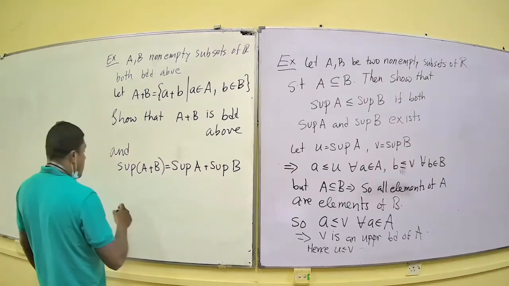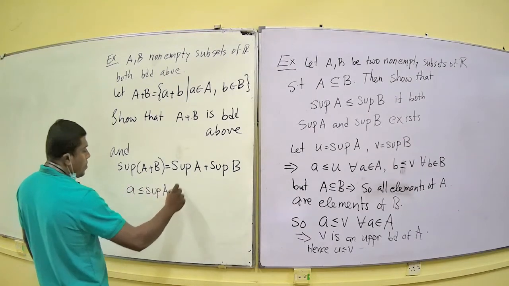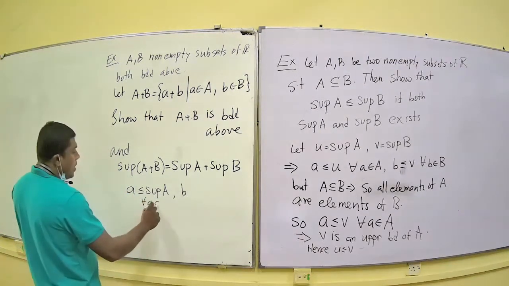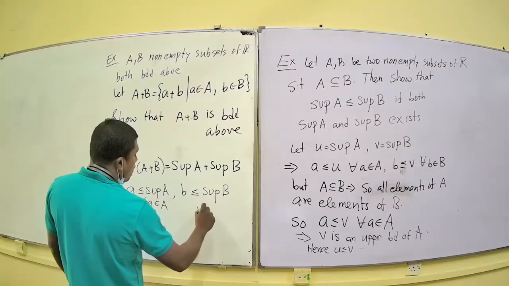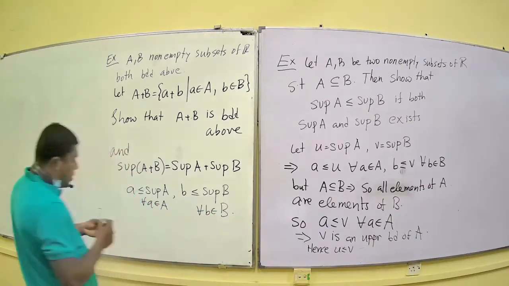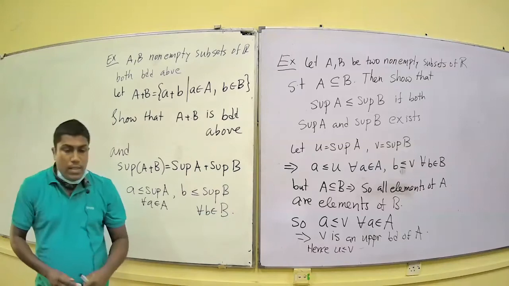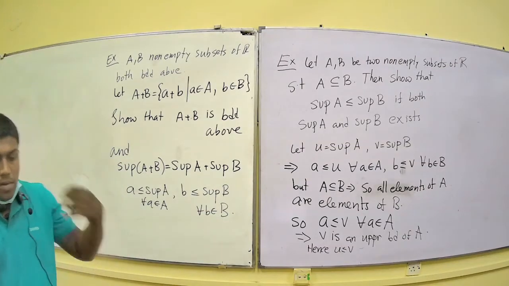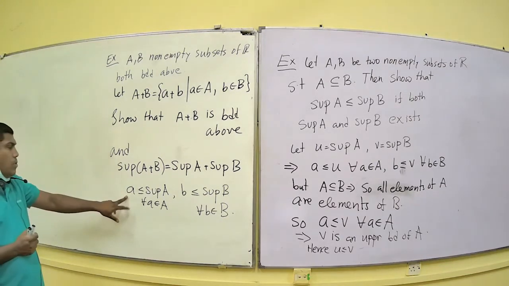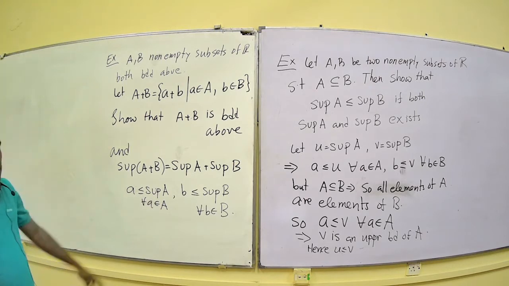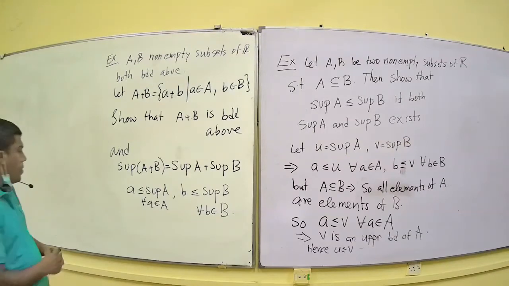So clearly you know that a is less than or equal to supremum of A for a in A, and b is less than or equal to supremum of B for b in B. Right. So you all know that because they are bounded above, so supremum exists and supremums are the upper bounds, right? So I am skipping writing all those lines and directly say a is less than or equal to supremum of A for every a in A, and b is less than or equal to supremum of B for every b in B. Right?